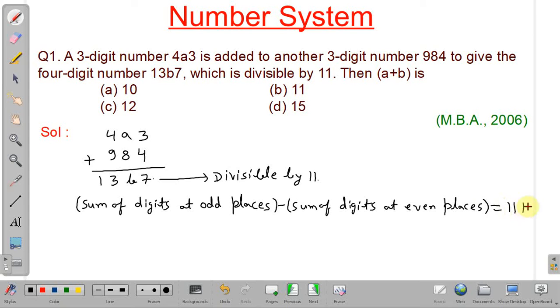So we can write 11k where k is an integer, k is an element of integers.